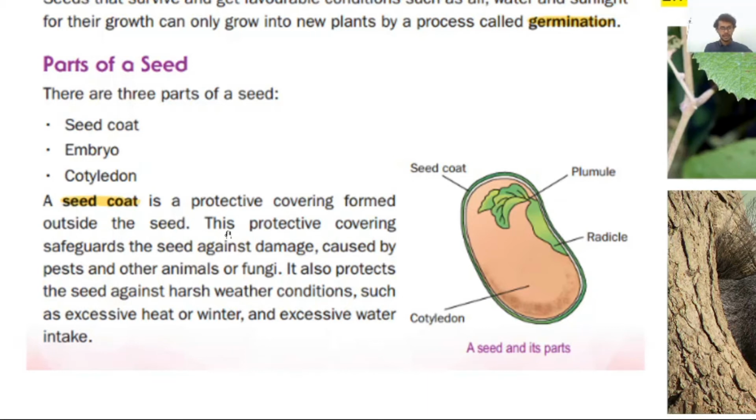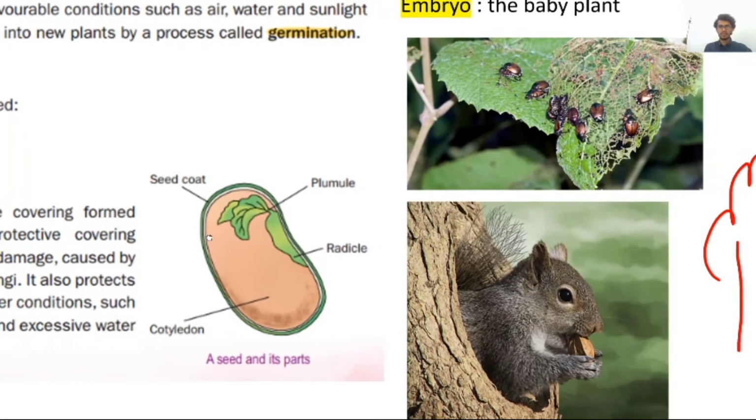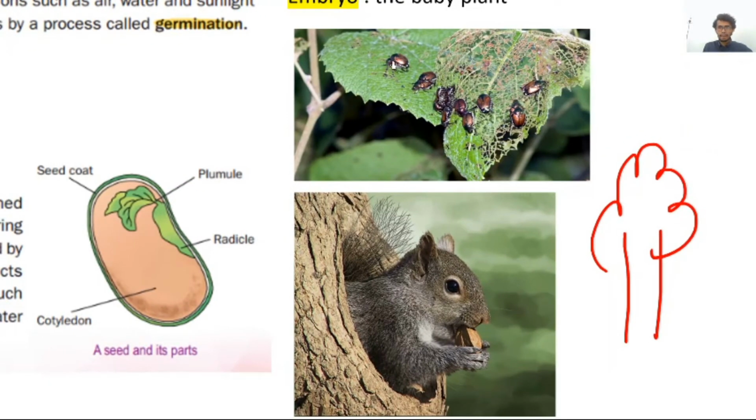This protective covering safeguards the seed against damage caused by pests and other animals or fungi. Look over here. These are pests, small insects that eat the plants. So the seed coat protects against these.